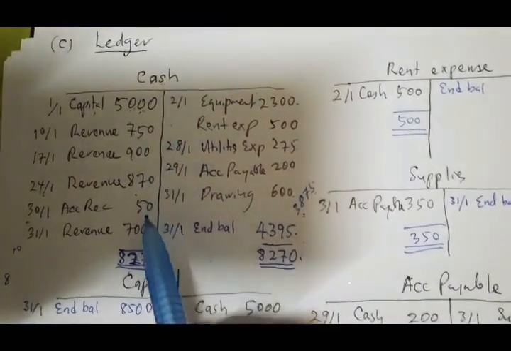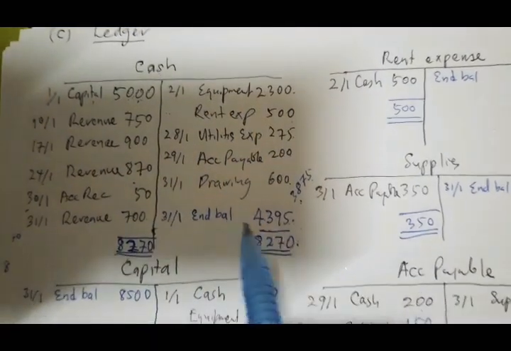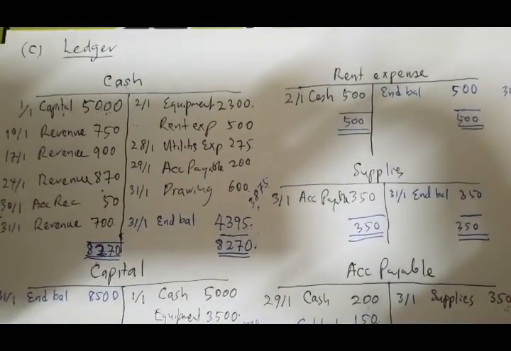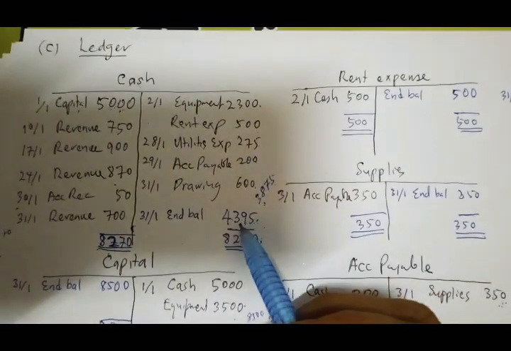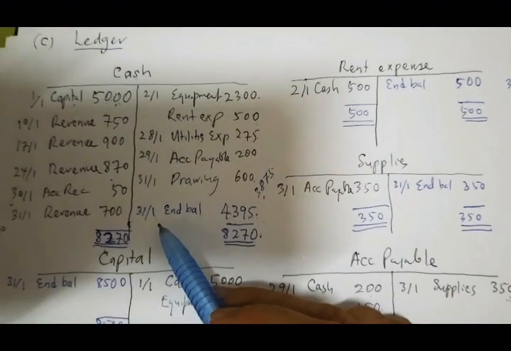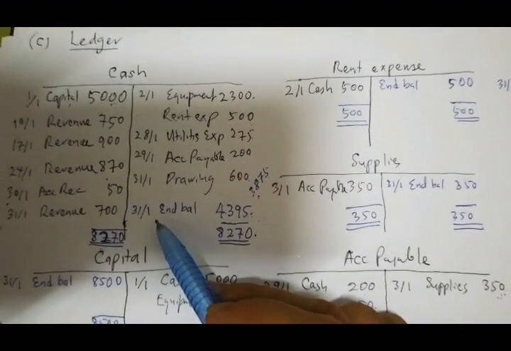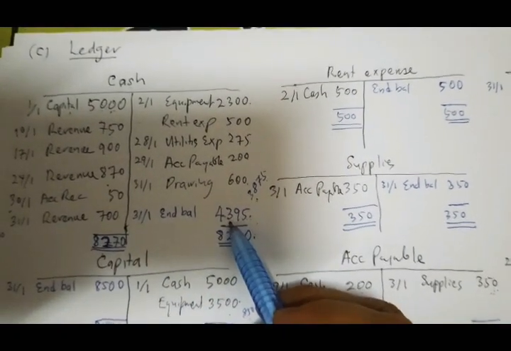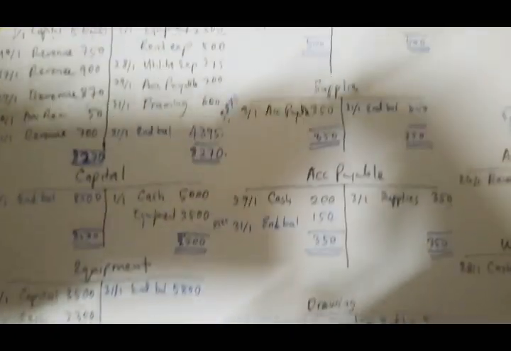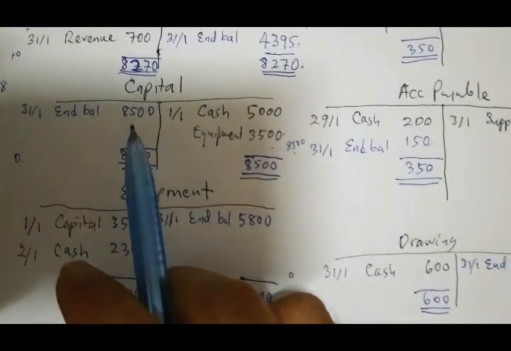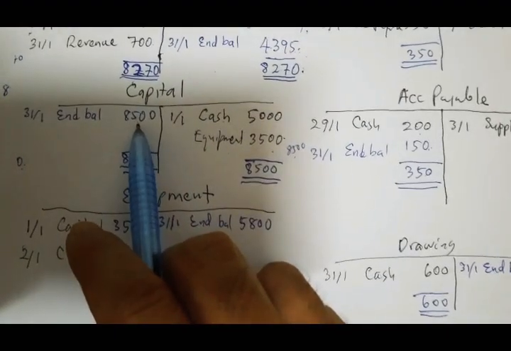So cash account, you have transferred all entries. After you have transferred all the entries, you have to calculate the ending balance of each account at the end of the month or at the end of the year. In this sample question, at the end of the month of January. So now you can see that the ending balance for cash is 4395. For account capital, the balance is 8,500.